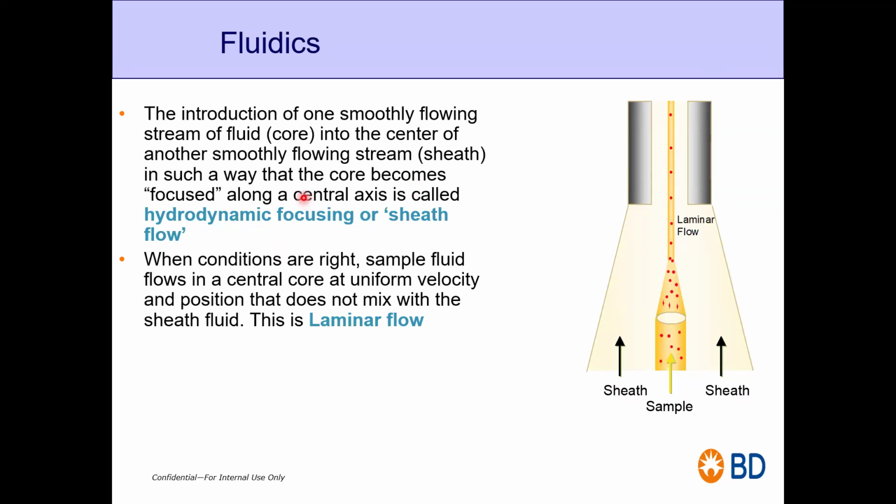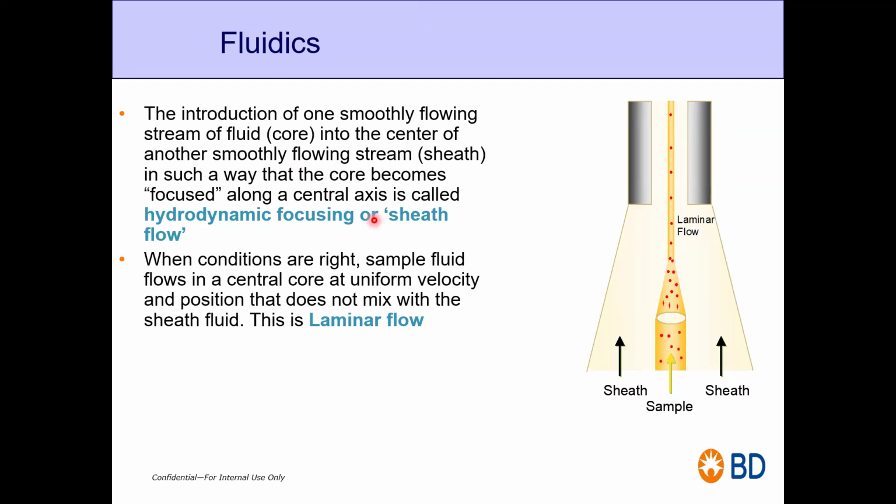So how does this hydrodynamic focusing help us? Your cells should hit the laser one by one. Flow cytometry is a technique which tells you the properties of an individual cell.